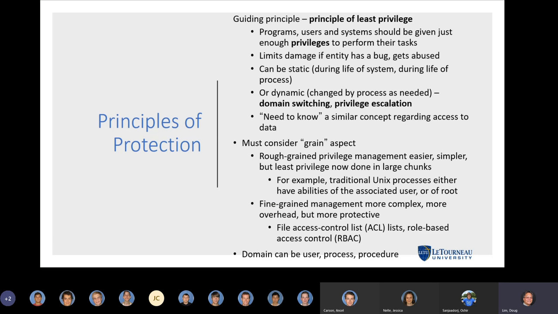The user ID is associated with domain or domains, and privileges are granted via those domains. But it can also be the process or a procedure as well. But again, remember that the user ID is the most common form of identifying domains.